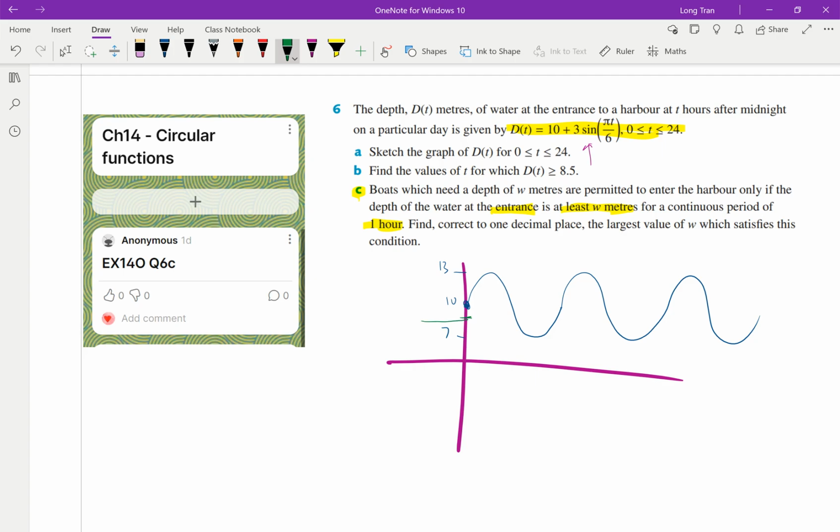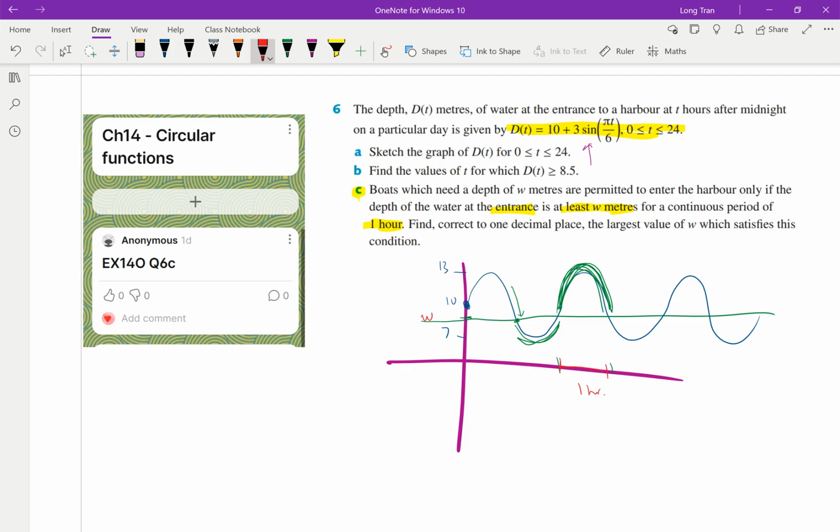If it was 8 meters, and I need at least 8, clearly this region here will not be accepted because it needs to be 8 or more. So then this region up here becomes the one that's above 8 for a certain duration, from here to here. What we want is for it to be above a certain value. So instead of 8, let's say W, and we want it to be a duration of 1 hour.